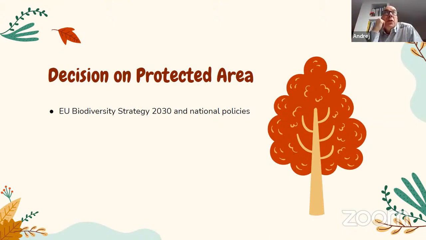The task is much more complicated on the oceans. This is not perhaps so interesting for the Czech Republic, but let me just tell you that the target will now be to increase protection from 8% to 30% at sea, which is really a difficult task.